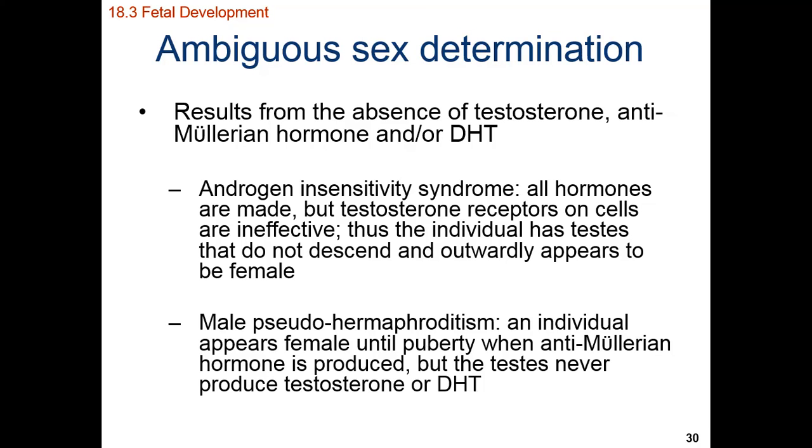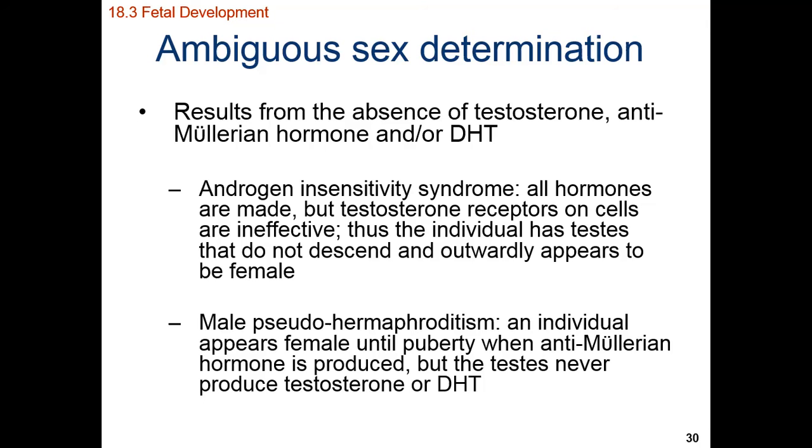We can also have ambiguous sex determination. This is when someone is born with ambiguous genitalia. This can be because someone didn't have enough testosterone or anti-Mullerian hormone and/or dihydrotestosterone in their bodies. Sometimes there's a condition known as androgen insensitivity syndrome. And this is when all the correct hormones are made for the male developmental pathway, but the cells themselves do not have testosterone receptors on their surface or inside of their cells.